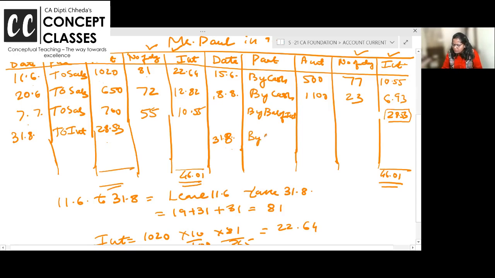Now you do by balance carried down. If they just say this is settled, the account current is given. If they say this is paid, you can write by that.